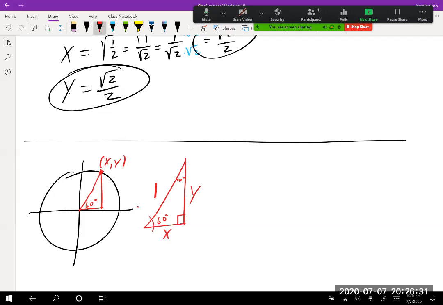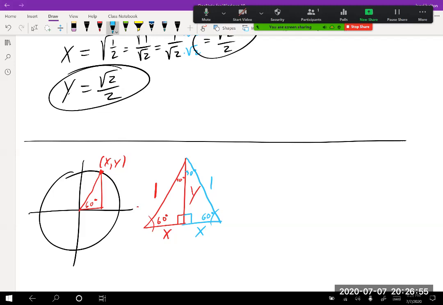It's a little tricky right here. So what I'm going to do is I'm going to draw a matching triangle that is also 60 degrees and 30 degrees, right? And then that means that's x, that means that's 1, all right? And we still don't know either value, right? But we know the height is still y.